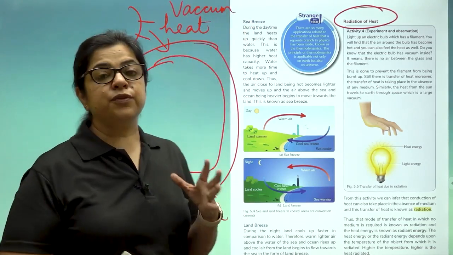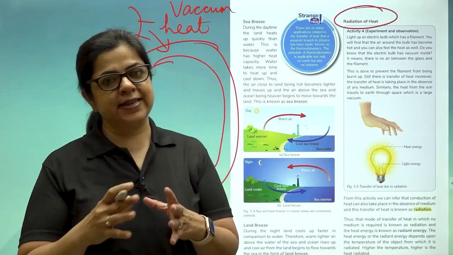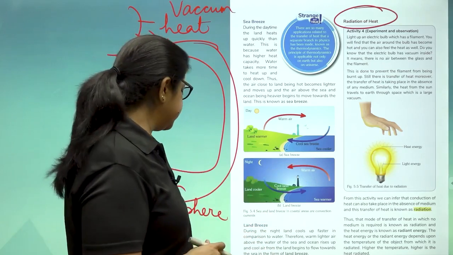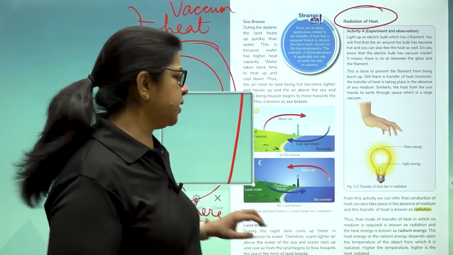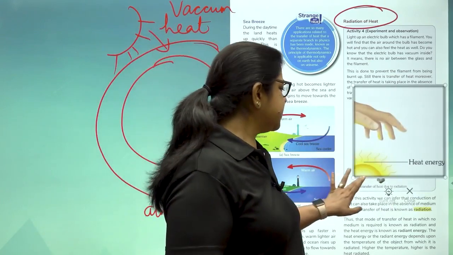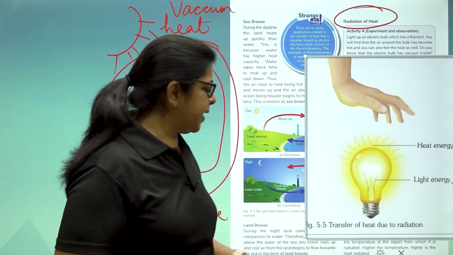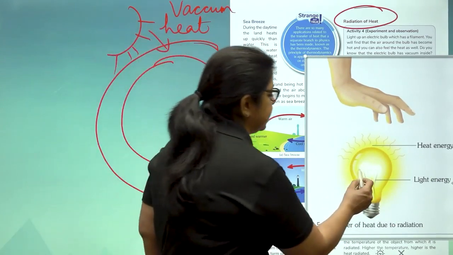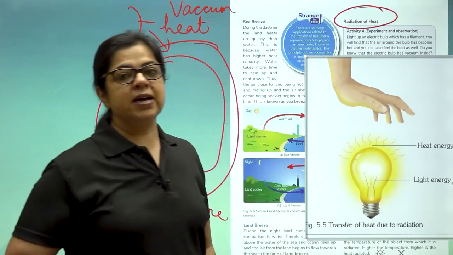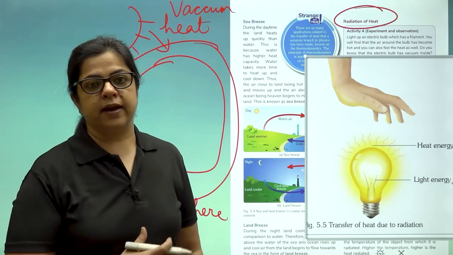So can transfer of heat take place in the absence of any medium? Yes, it can. Another beautiful example that has been given in your book is the example of an electric bulb. If you read the text carefully and look at this picture thereafter, you will realize that inside an electric bulb, between the filament and the glass case, there is absolute vacuum. There is no air.